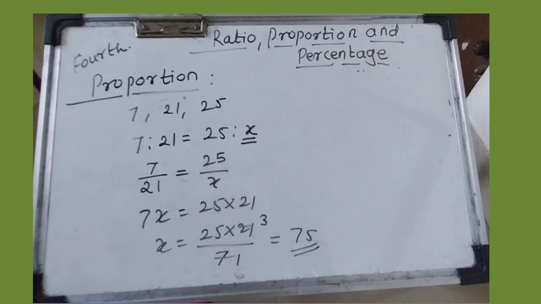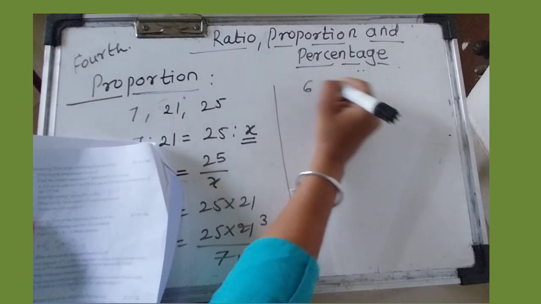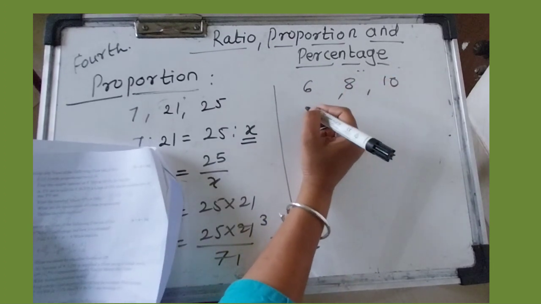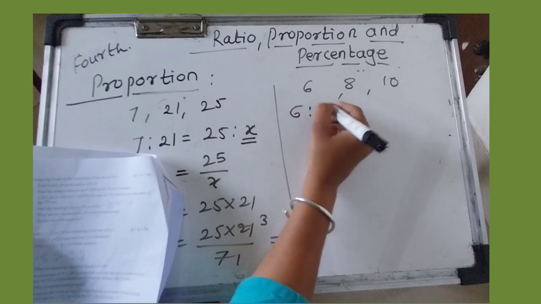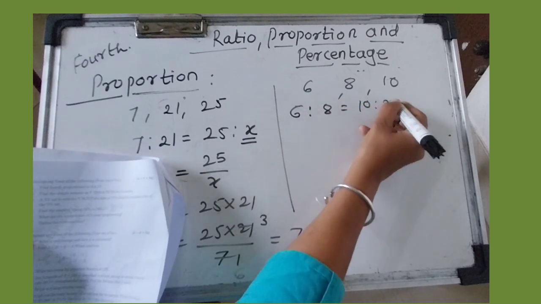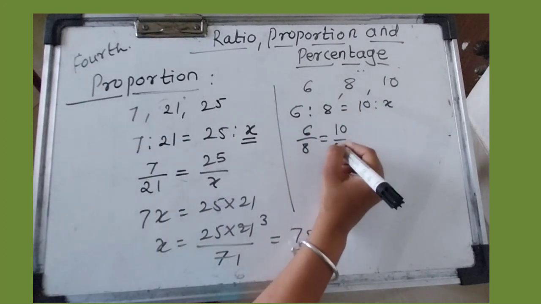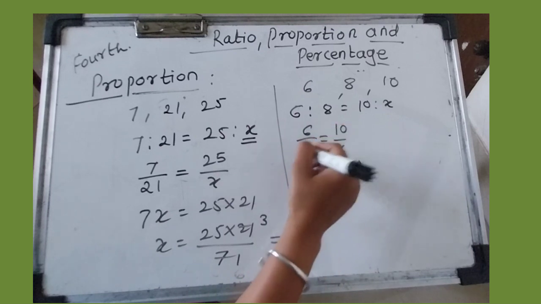In the exam they ask, find the fourth proportion of 6, 8, 10. So consider the fourth proportion is x. Write it down in a similar way. Take cross multiplication. 6x equal to 10 into 8, which is 80.